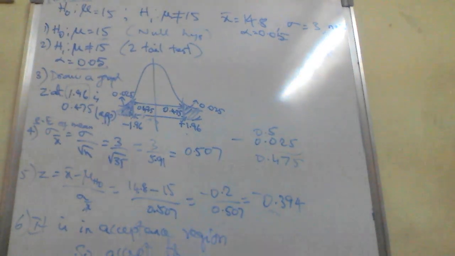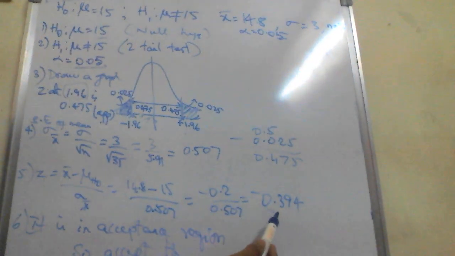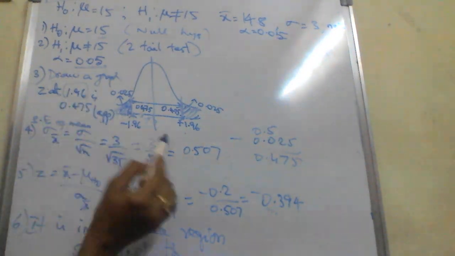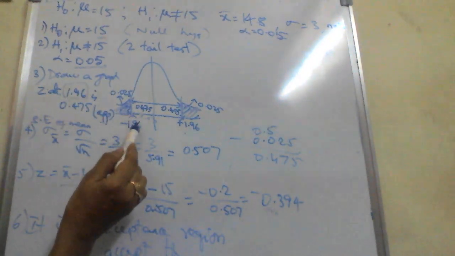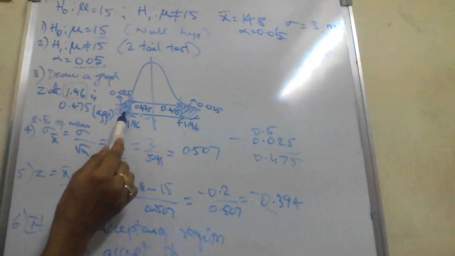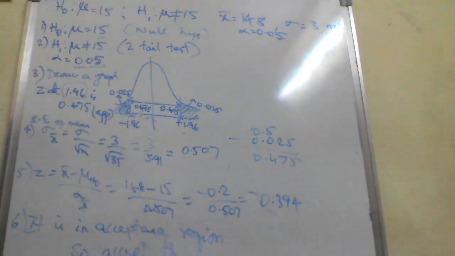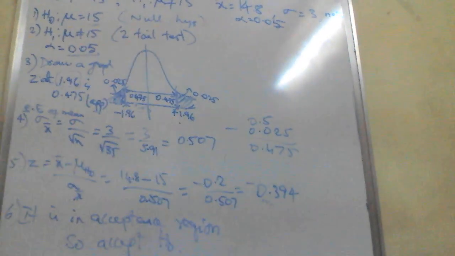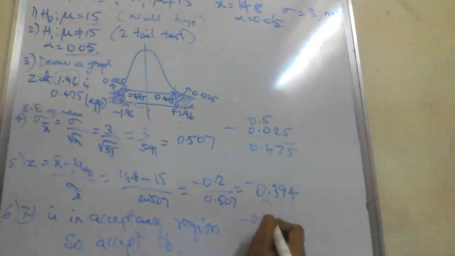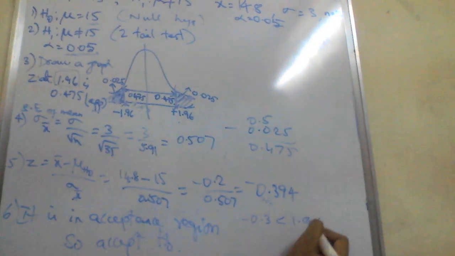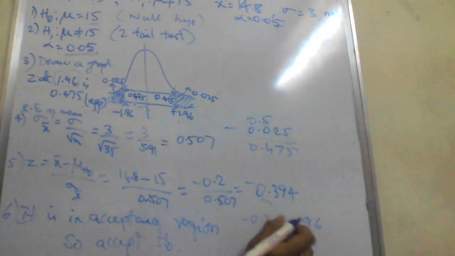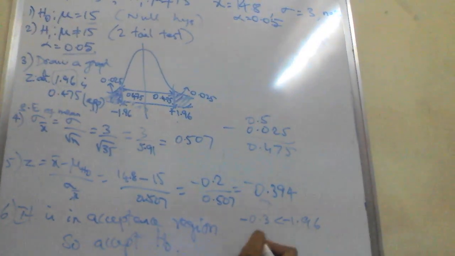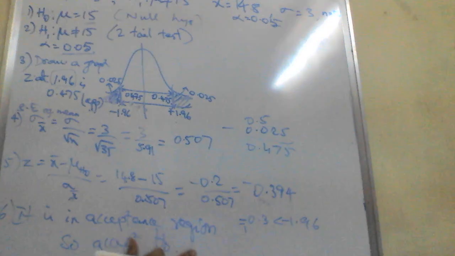Suppose you got minus 2, for example. Then it is greater than 1.96, so it crosses this border and comes into the rejection region. In that case, you reject the null hypothesis. Now because your minus 0.3 is less than 1.96 in magnitude, it is in the acceptance region.